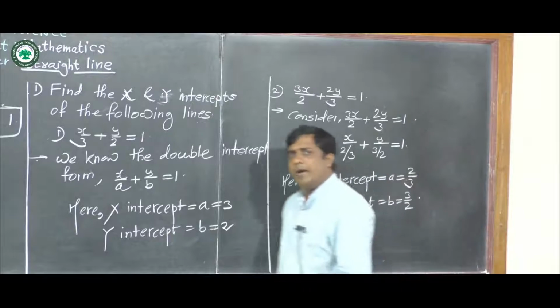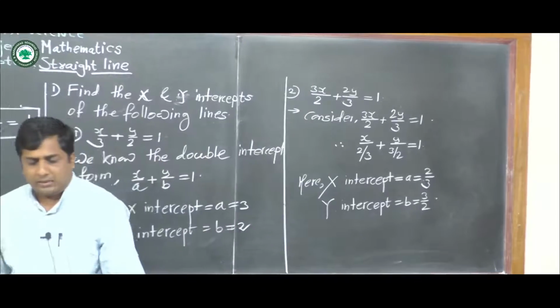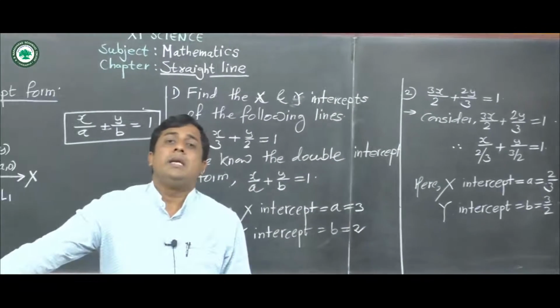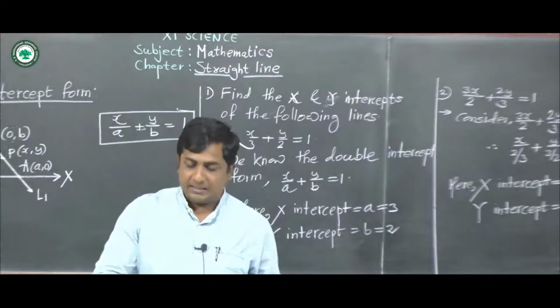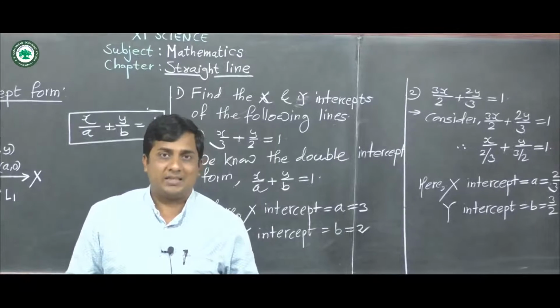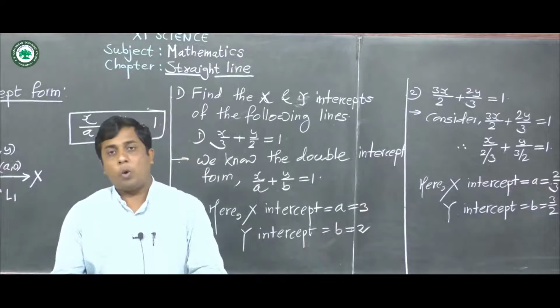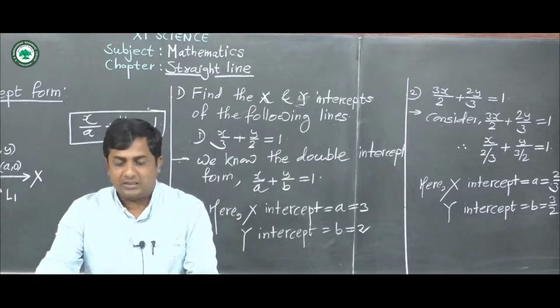Okay, so it is a very simple example, in which we define only the intercepts, that is, the intercepts of the x and y axes. Let us see one more example related to this form.